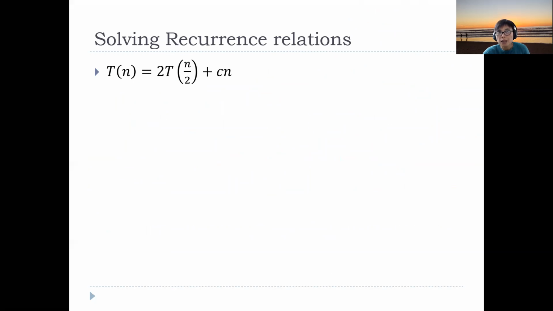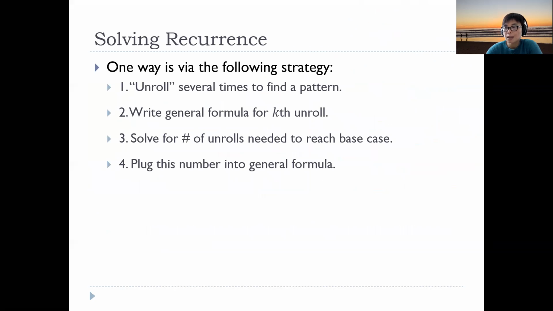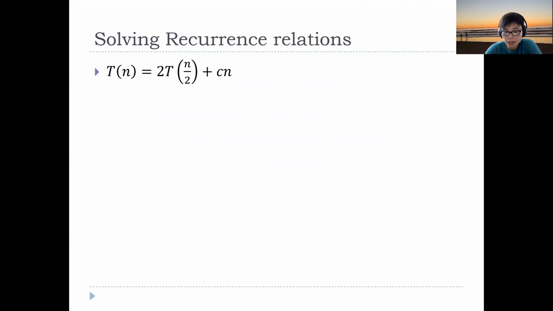Now I'm going to skip the termination here, with the understanding that T of a constant is constant. I didn't write it here. So how do we solve this recursive relation? If you remember, last time we said one way to do this is to keep unrolling. You can apply the same recursive relation on the smaller subproblem, and unroll it a few times to see whether you can get a pattern.